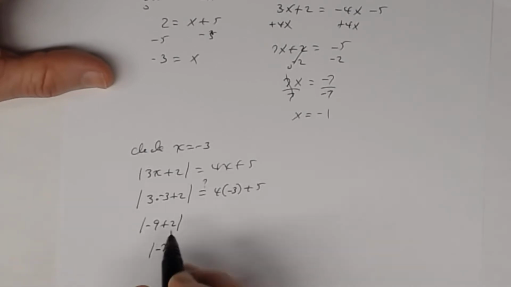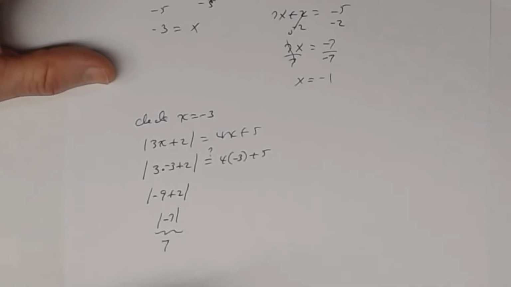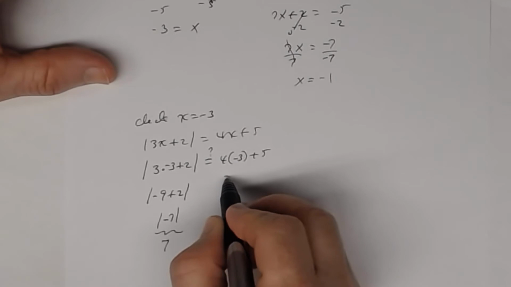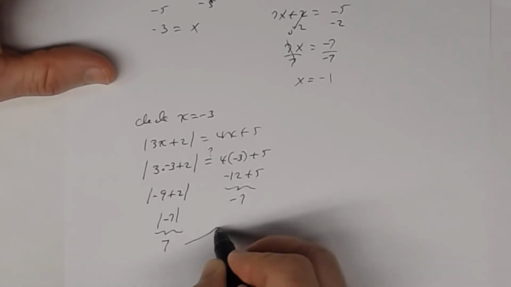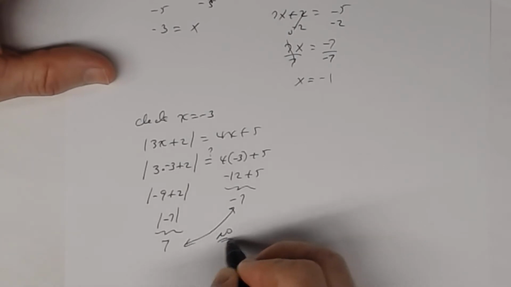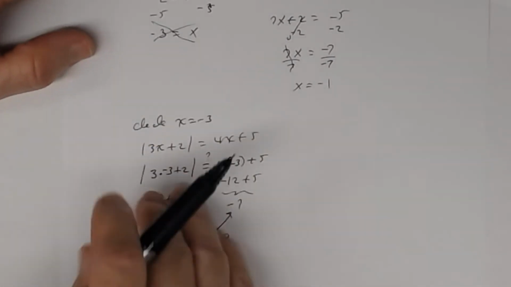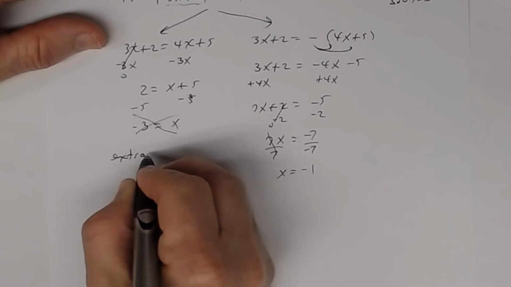So that's the absolute value of -7, and the absolute value of -7 is +7. On this side, I have -12 plus 5, which is -7. And notice 7 and -7 are not equal. So x equal -3 will not be a solution. So this is considered an extraneous solution.